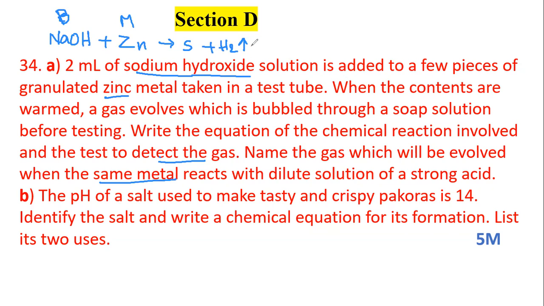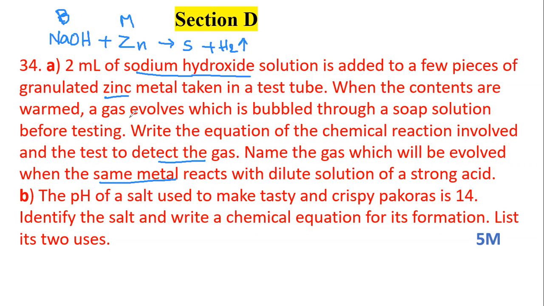This is the basic equation. Under acids and bases, you have studied that when a base reacts with a metal, it forms a salt of the metal along with the evolution of hydrogen gas. We will see in this question which salt is going to form, how the hydrogen gas evolves and how to test that.